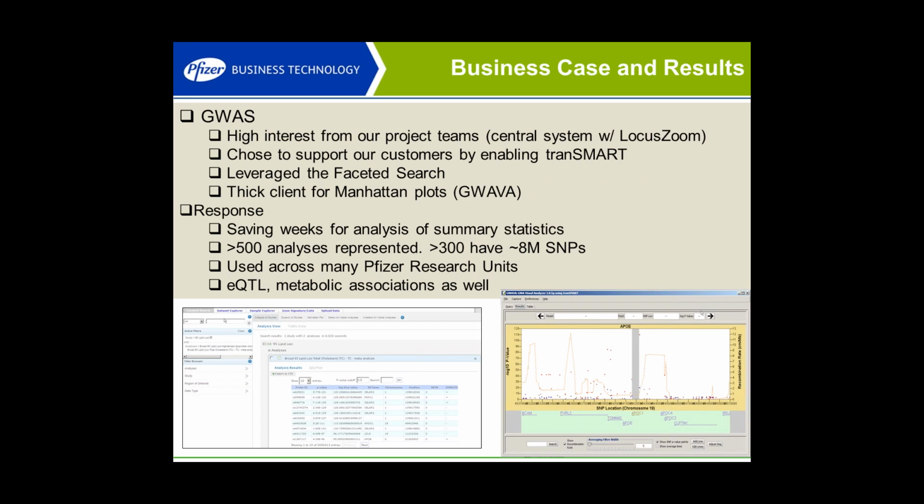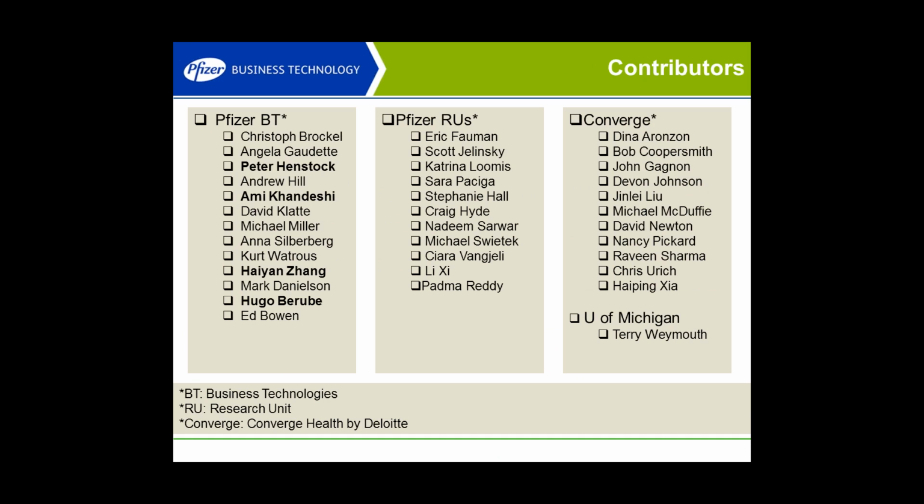Over 300 of these are imputed and have approximately 8 million SNPs associated with the summary statistics. They're used across many of our research units, and we also can represent expression quantitative trait loci, as well as metabolomic associations, although I won't demo those today.